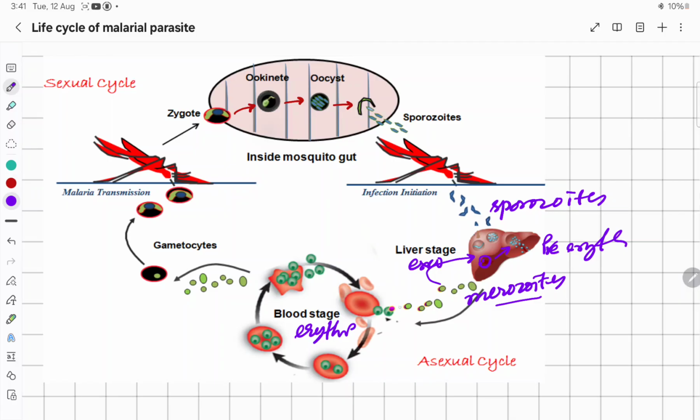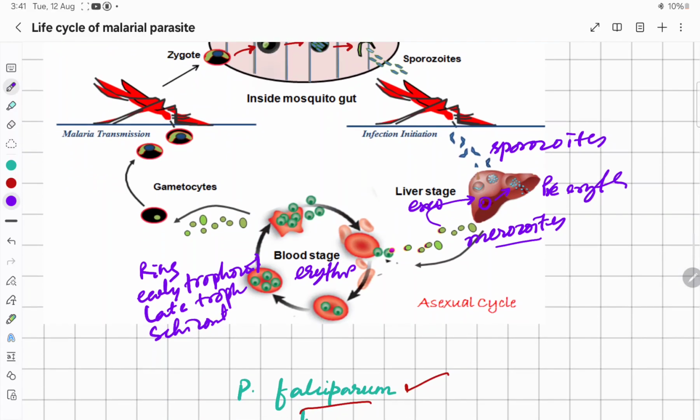And when the RBC is attacked by these merozoites, there are different stages like the ring stage, early trophozoite stage, late trophozoite stage, and finally the schizont stage. In the case of Plasmodium falciparum, there is another stage which can make the disease fatal, that is the rosette stage.